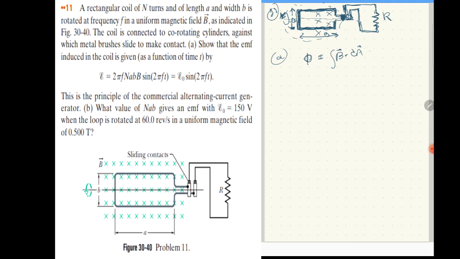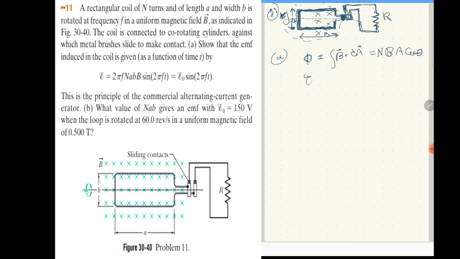But you can take the vector B, because it is constant, out of the integral sign, so it equals B, and since this is a scalar product, you have a cosine factor here, and there is an N factor because you have N coils. So this is the total flux across all of the coils.